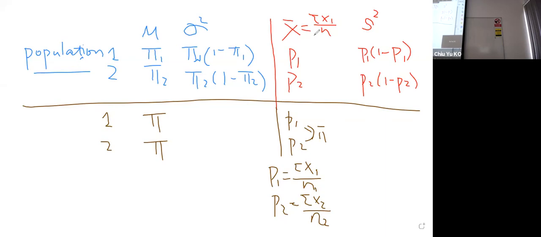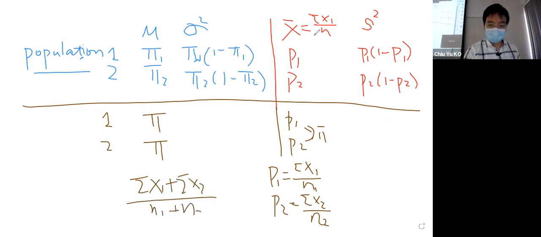The good thing is, because they're measuring the same thing, they come from the same population. It means the mean and the variance are defined by that. So you can come up with the idea: you just add them up. You're just adding all the x1 and adding all the x2 over n1 plus n2.